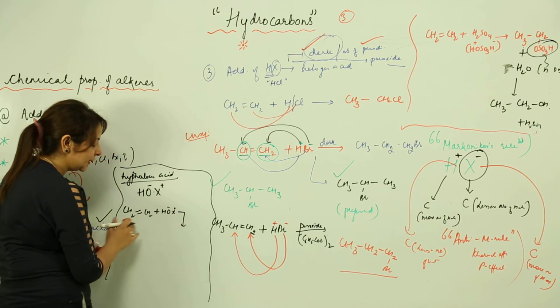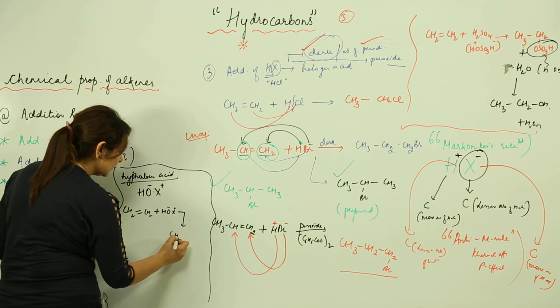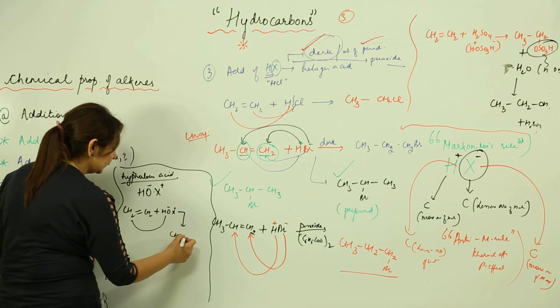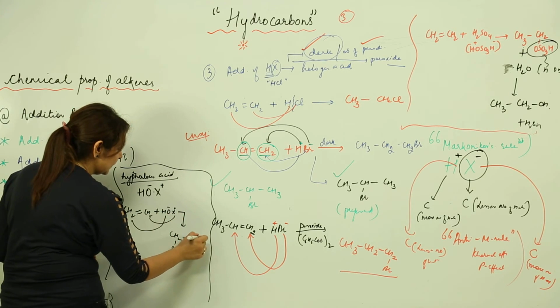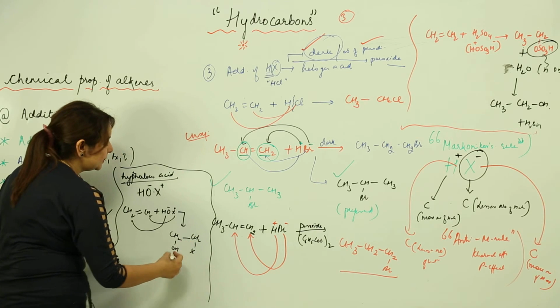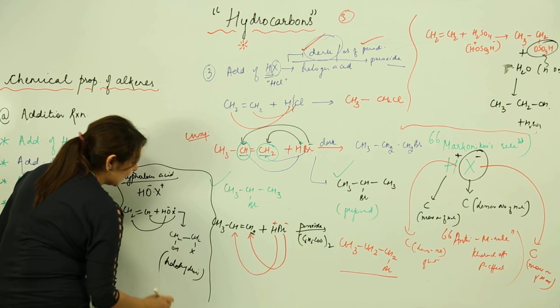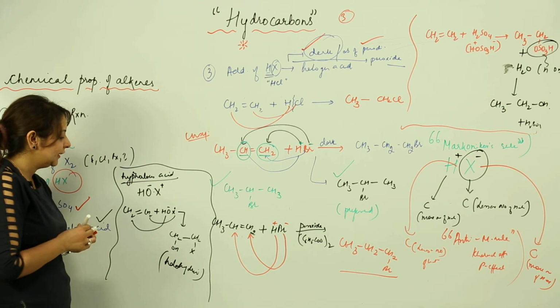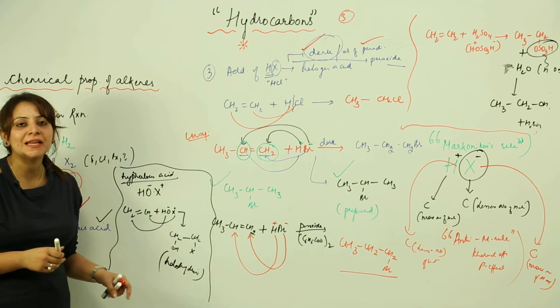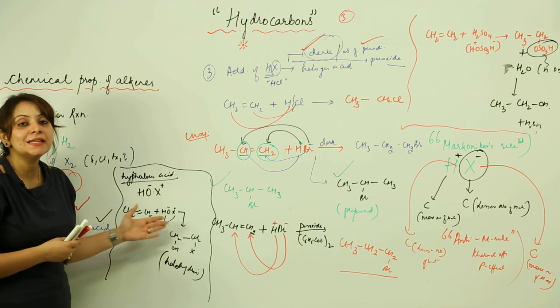As it is symmetrical you can add either side. So let us add OH here, the bond becomes single, and X this side. This is called by the general name halohydrin. This contains the halogen and it is termed hydrin also. So it is called halohydrin.